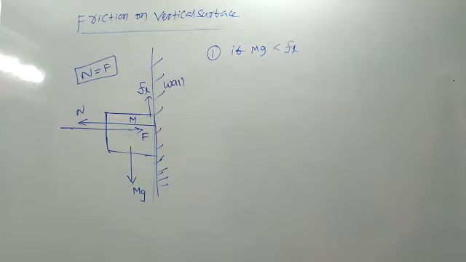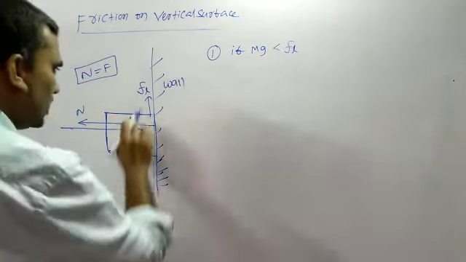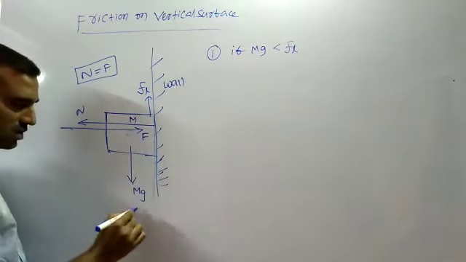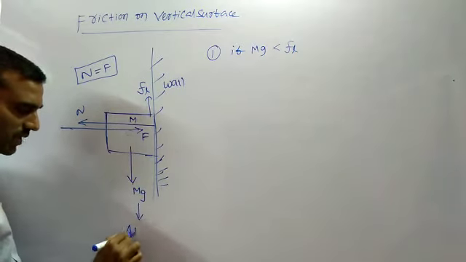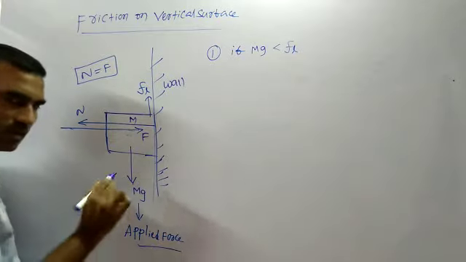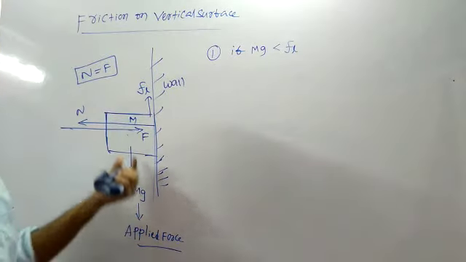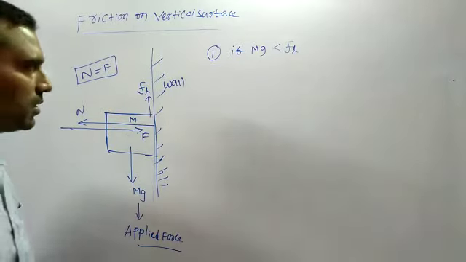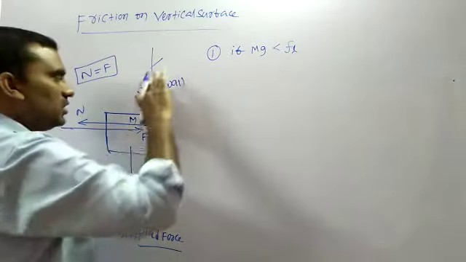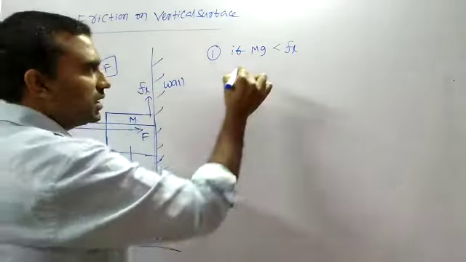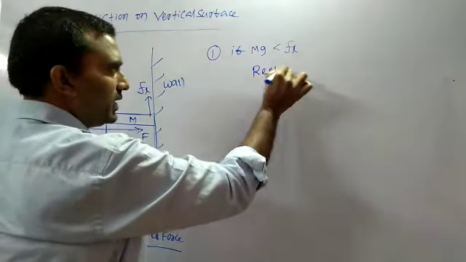This weight is the cause of motion of the block, so treat it as an applied force. If weight mg is less than friction, the block does not move down. That means the block will be at rest.